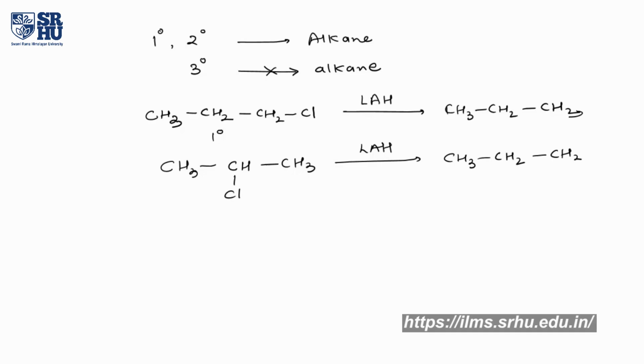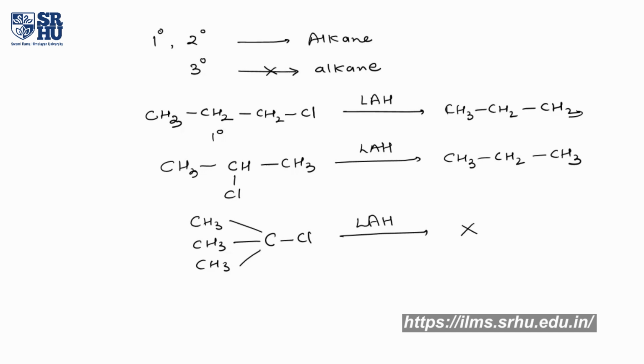CH3CH2CH3, that means alkane. But if you try to convert a 3 degree alkyl halide, say for example (CH3)3CCl, by LiAlH4, it will not undergo this reaction and form alkane.